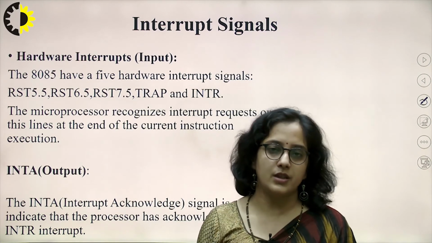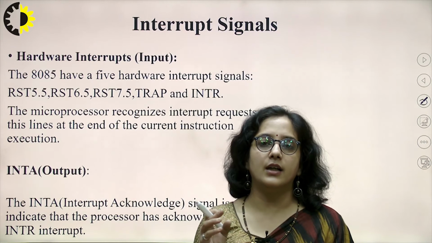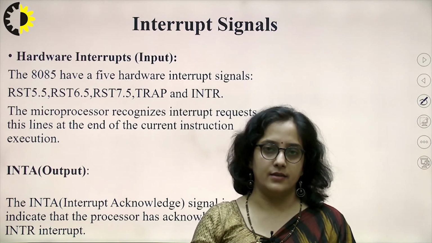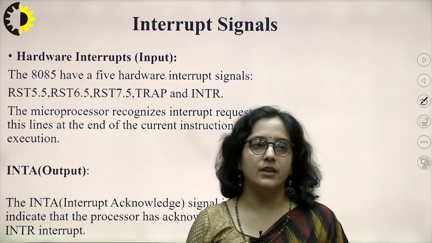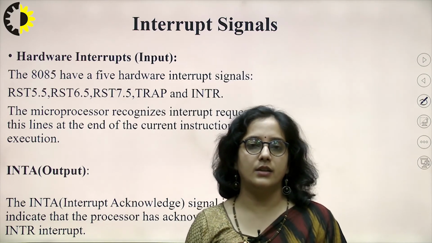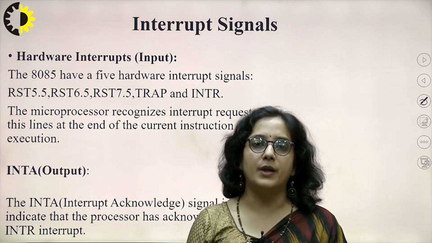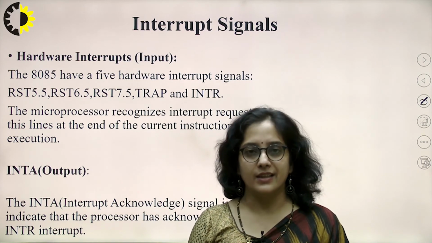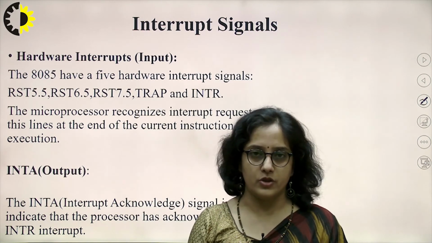Whenever the microprocessor is performing any particular task, it gets another signal to perform some other task, that is the disturbance, or you can say the interrupt. So whenever there is an interrupt, the microprocessor will suspend the current operation, go and perform the dedicated task, and then come back and do its normal operation.